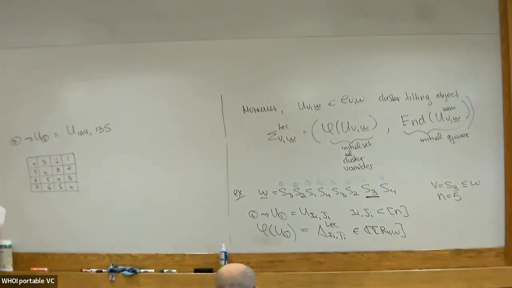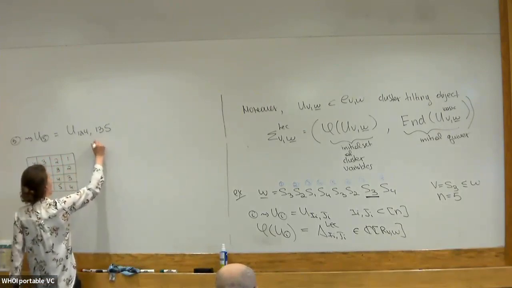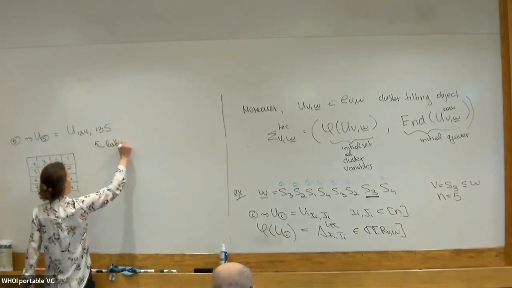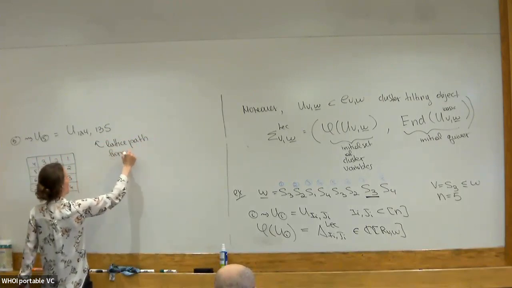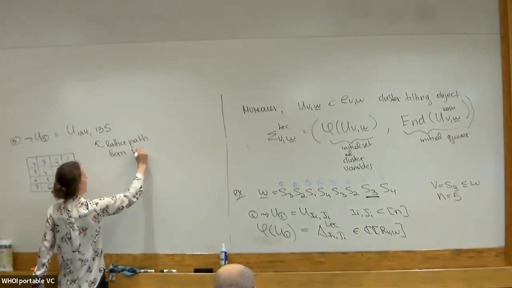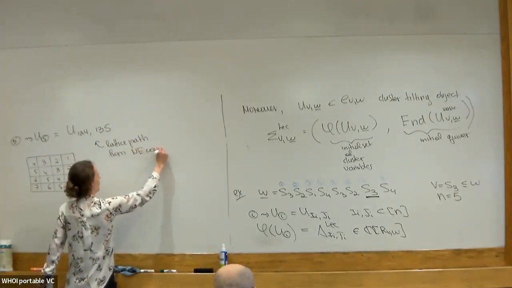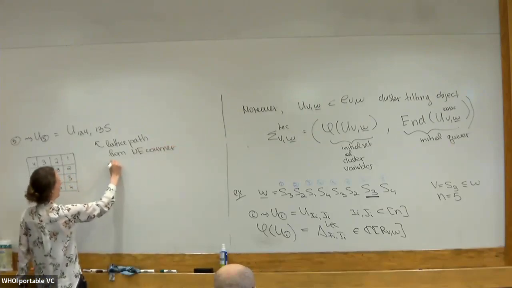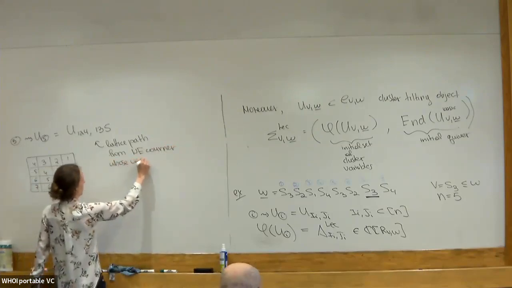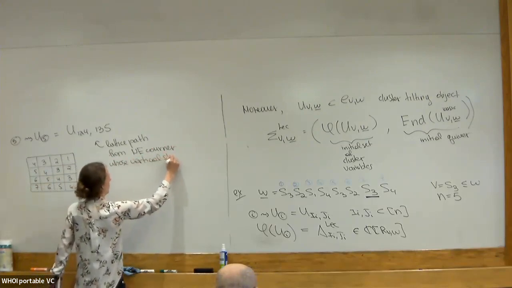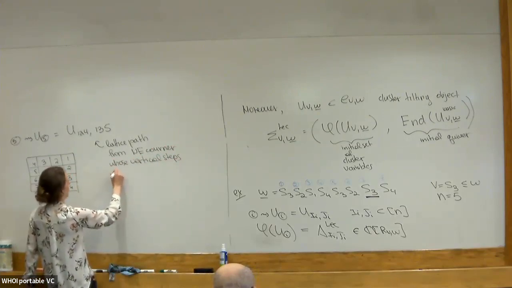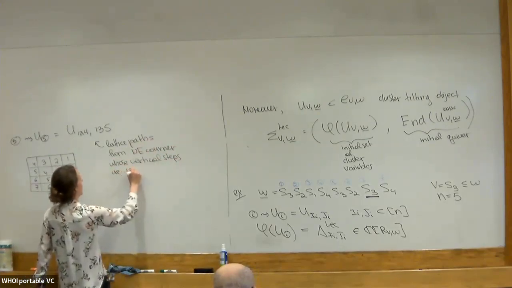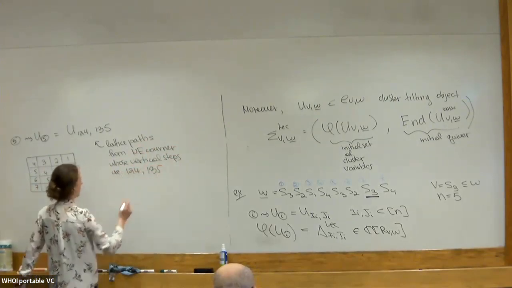And each of these is going to give me a lattice path from the northeast corner whose vertical steps are given by the sets 1, 2, 4, and 1, 3, 5.